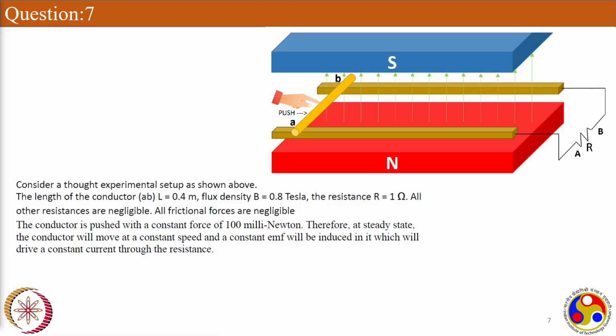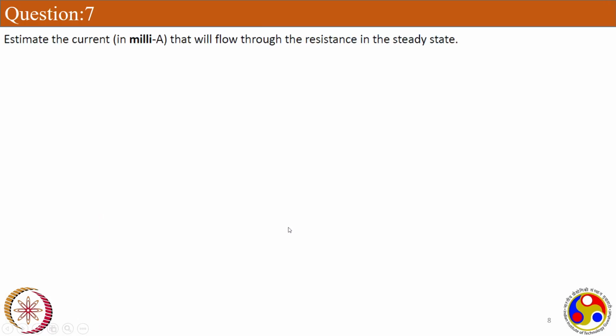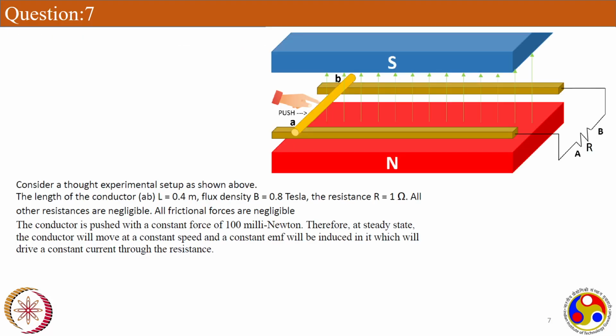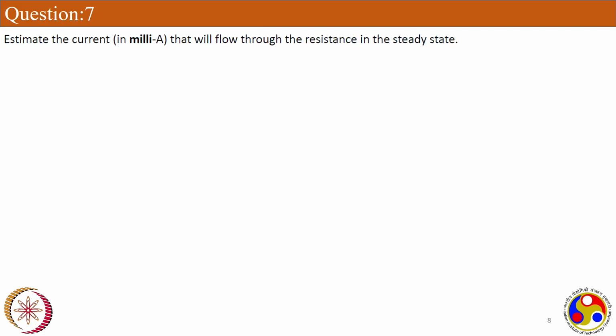And what is the question here? The question is to estimate the current that will flow through the resistance in the steady state. So we are asked for the current here. We were given the values of B, 0.4 is the length of the conductor, and we also know the force. Can someone tell me the formula you can remember?